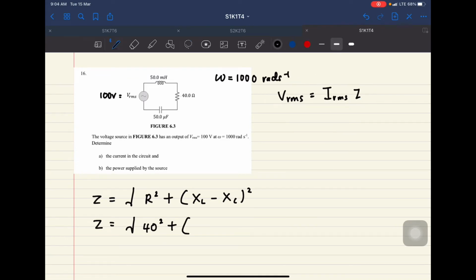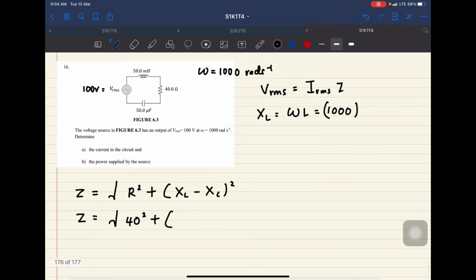So your XL is 2 pi F, I think might as well we use omega L. So it will be 1000 multiplied by 50, don't forget the milli there. So XL is equal to 50 ohm.